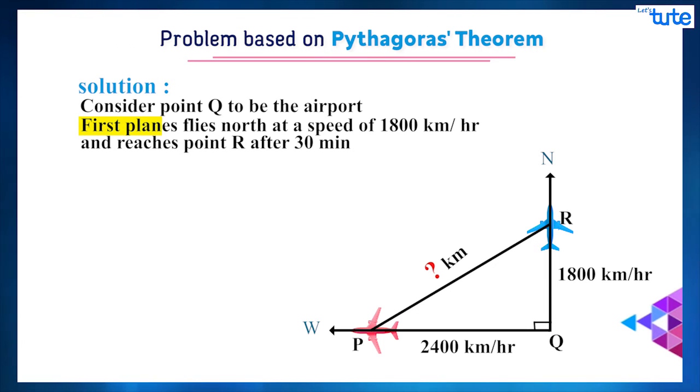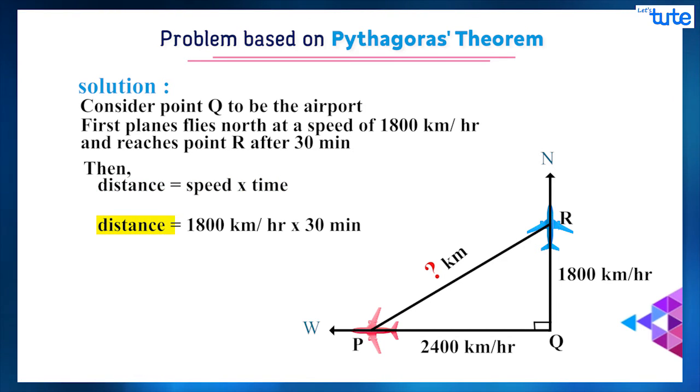First plane flies north at the speed of 1800 km per hour from point Q and reaches point R after 30 minutes. Then, since distance is equal to speed into time, we can say that distance is equal to 1800 km per hour into 30 minutes.